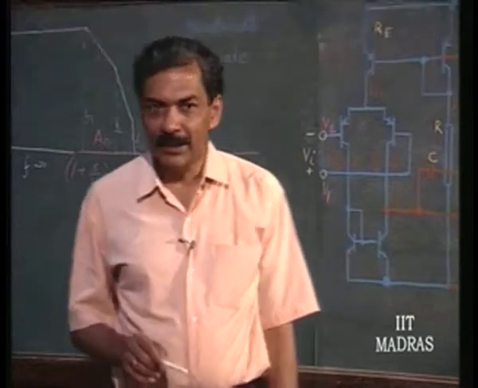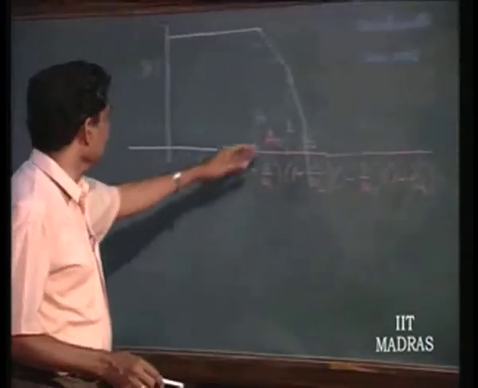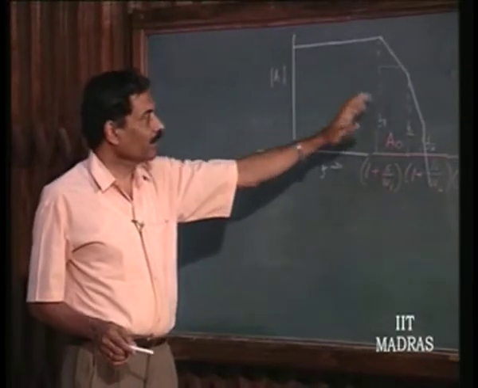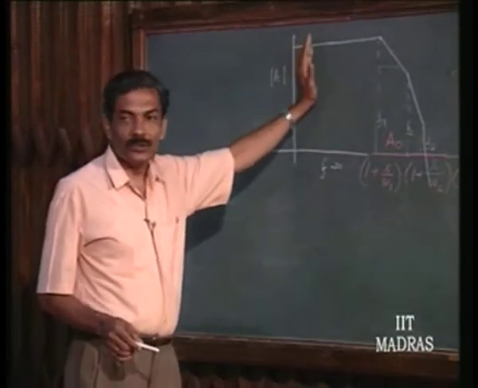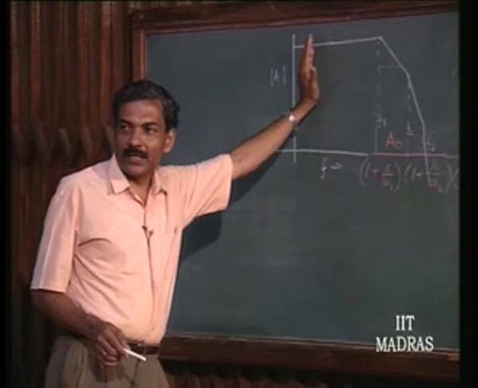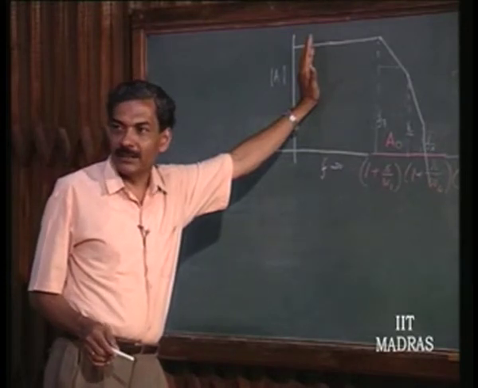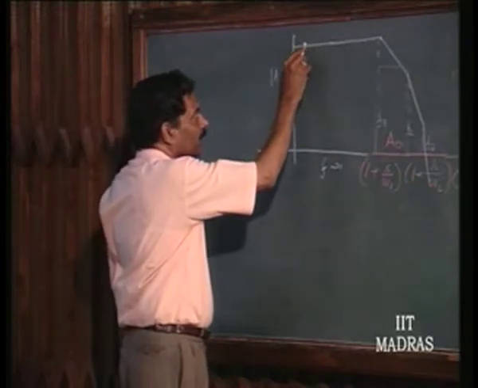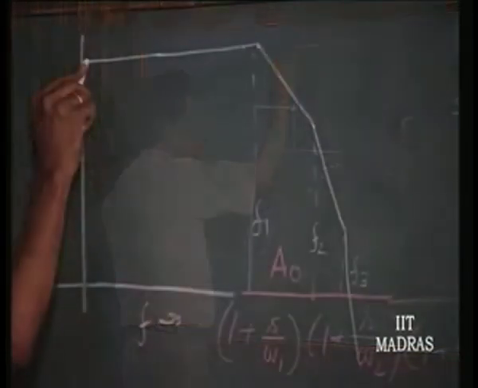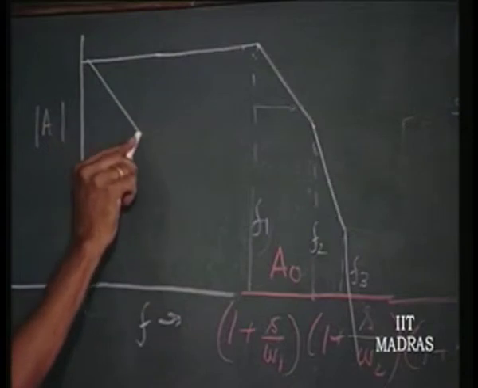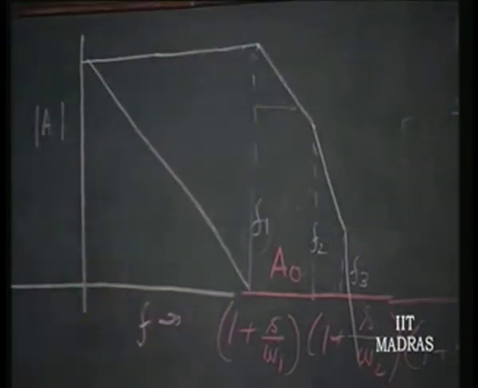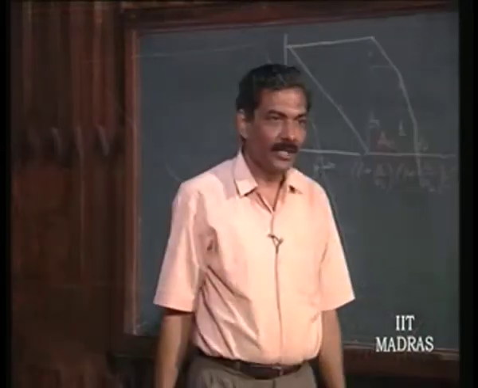That is done artificially by shifting these poles, one of these poles to this side, artificially cutting down the gain. So, if you cut down the gain, what happens? The gain starts falling much earlier, and then by the time this first pole comes into the picture, the gain has been made less than 1.